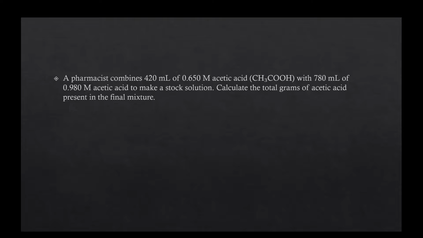Next, a pharmacist combines 420 ml of 0.650 molar acetic acid with 780 ml of 0.980 molar acetic acid to make the stock solution. Calculate the total grams of acetic acid present in the final mixture. Okay, so remember that molarity is moles per liter.